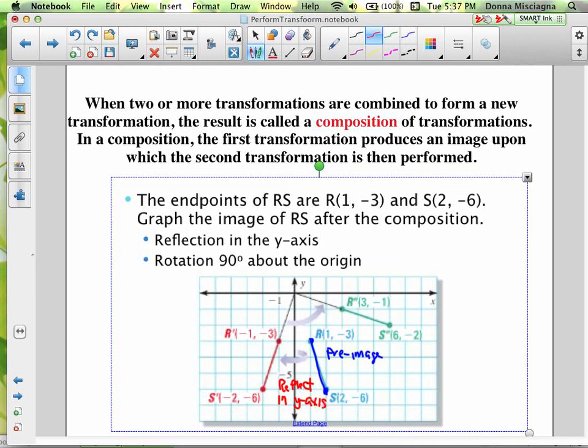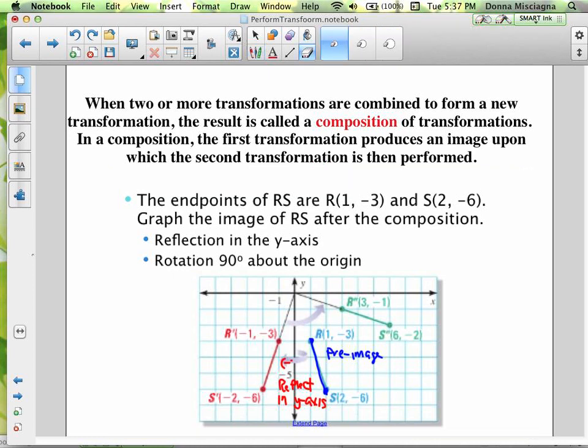Remember, when we reflect over the y-axis, our x becomes the opposite and our y stays the same. So (x, y) becomes (-x, y).